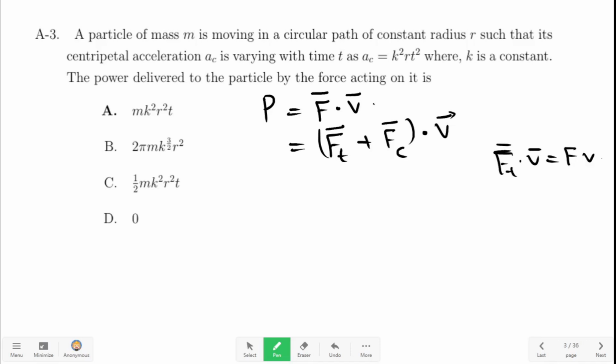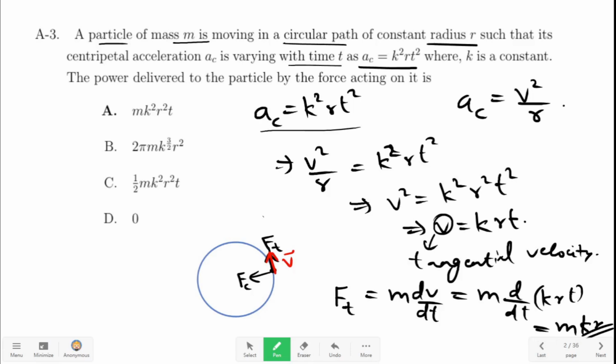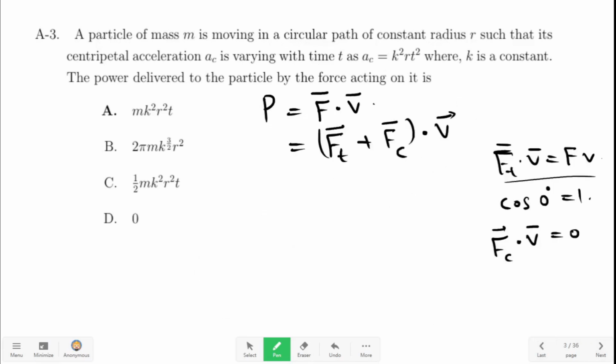Because ft dot v is ftv cos theta, theta is the angle between ft and v, and the angle between ft and v is 0 degree, which means cos 0 degree is equal to 1. Therefore ft dot v is simply fv. And fc dot v, centripetal force dot v, this is equal to 0 because fc and v are perpendicular, and dot product of perpendicular vectors is equal to 0.